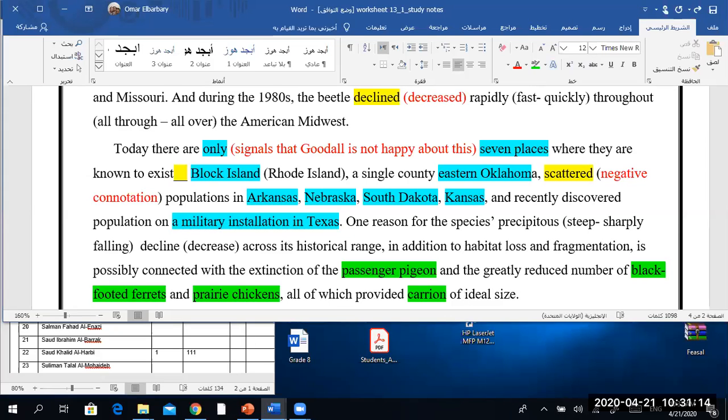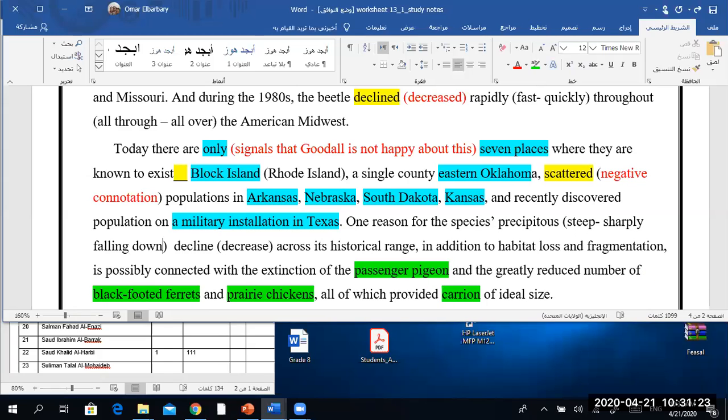So here we're talking about a sharp decrease. You know what a sharp decrease is? Yes, very good. Sharp decrease, انخفاض حاد, or decline. So have I answered your question, Mazen? Yes, thank you.